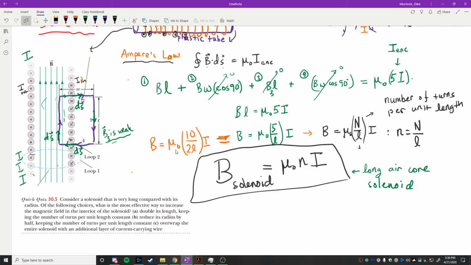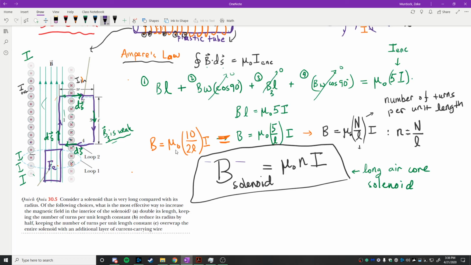Something I haven't really talked to you guys too much about is this symbol right here, mu naught. It specifically refers to air or vacuum. So I would say this is an air core solenoid because it would be the magnetic field produced inside the air. If you want to make the magnetic field stronger, you can put a piece of iron in here.